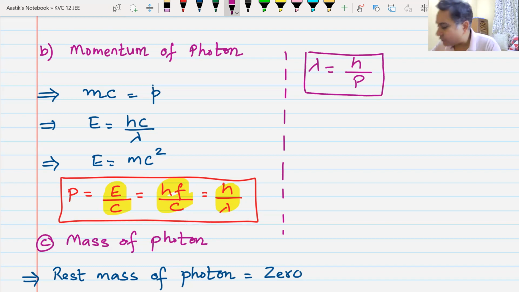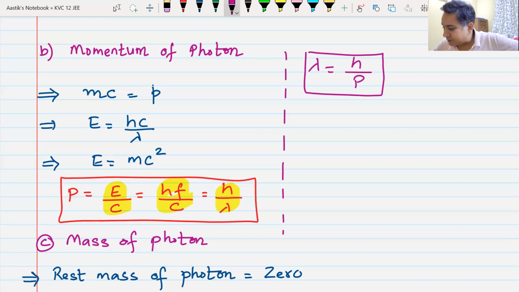The lambda of this photon can be written as h by p, where p is the momentum. Now this lambda is actually for a photon, but I can also find this lambda for any other particle, by dividing h by p, where p is the momentum of this particle.